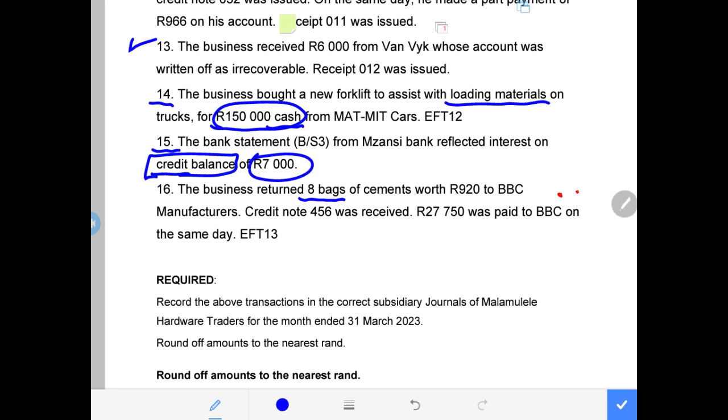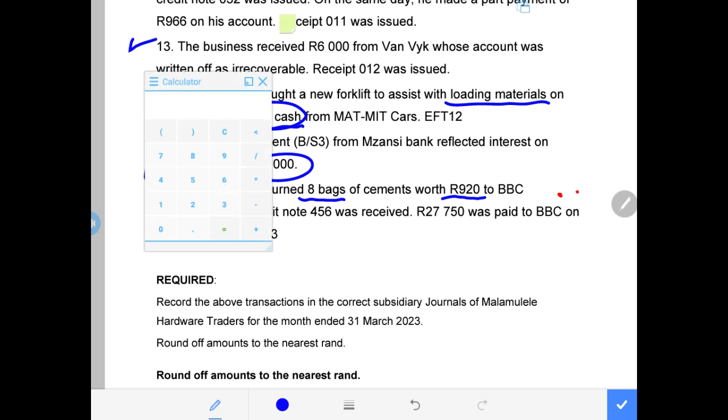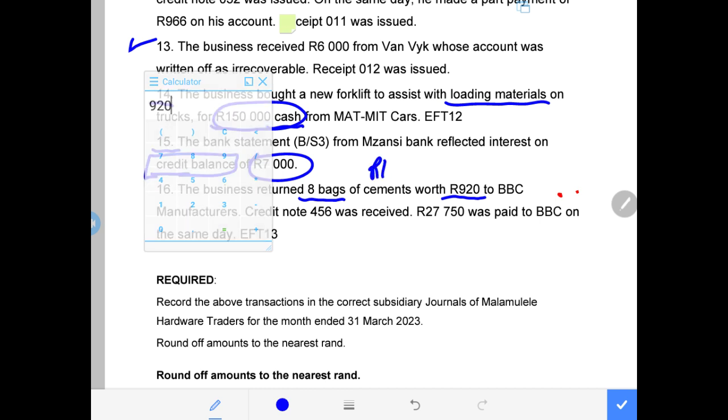Now when we are returning these 8 bags worth 920, we need to be mindful of the fact that the cost of the bag, including VAT, was 115. So if we say 115 times 8 bags, we get 920.